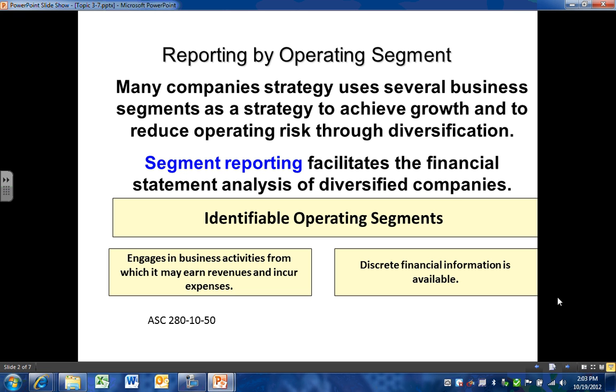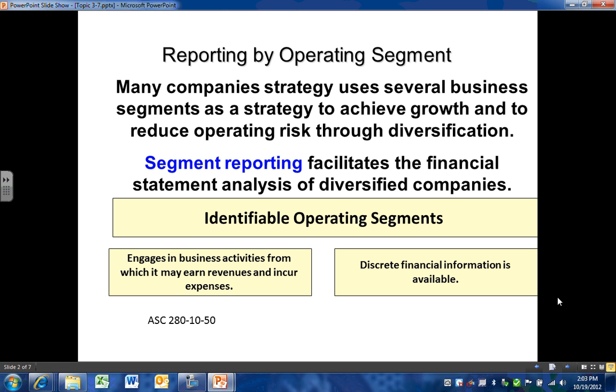And we look to see things like whether we can determine that the segment both earns revenue and incurs expenses. If a segment is there solely to serve the overall corporation, it is not really generating revenues. And that would really be for more internal use, which we'll talk more about in managerial and cost accounting.